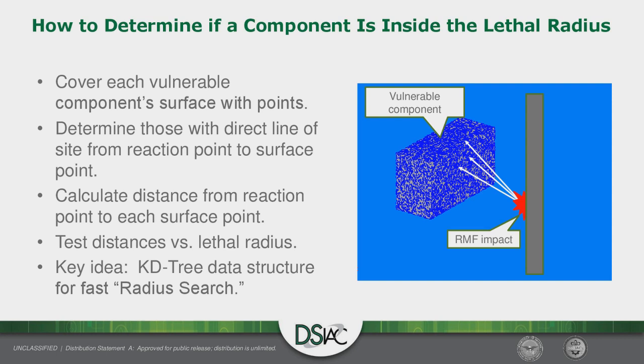And then I'm going to determine which of those points have a direct line of sight to the reaction point. Then I'll calculate the distance to all those with a direct line of sight, and then test them versus the lethal radius. And this algorithm works because I'm keeping the points in the KD tree, which is a data structure that lends itself to very fast radius search.